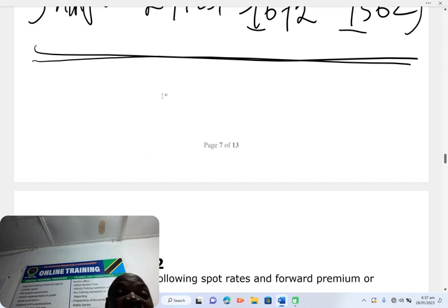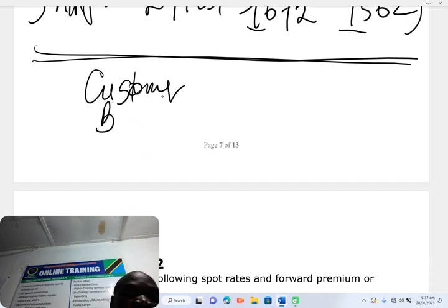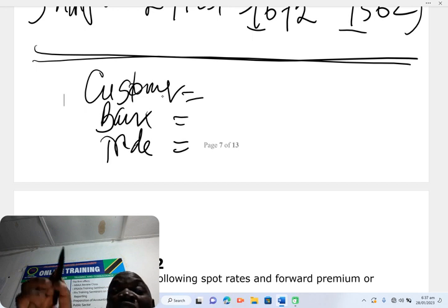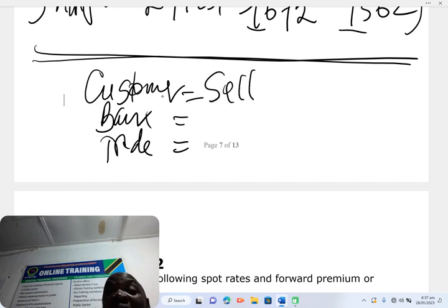Customer. Again, you have to think of a bank and a trade. So Makole as a customer is selling pound. So Makole sells, but the bank buys. Which currency? Pound.